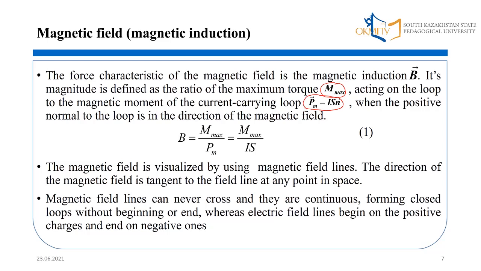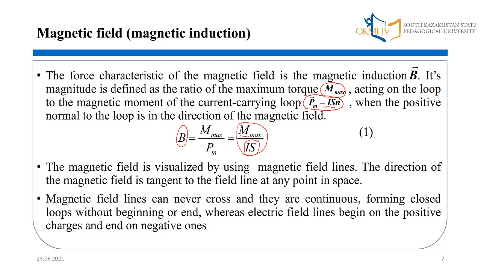The magnetic moment of a current-carrying loop is p_m = IS, where I is the current through the loop and S is the area enclosed by this loop. The maximum torque acts when the positive normal to the loop is in the direction of the magnetic field. So the magnetic induction is determined by the ratio of the maximum torque M max to the magnetic moment of the current-carrying loop.